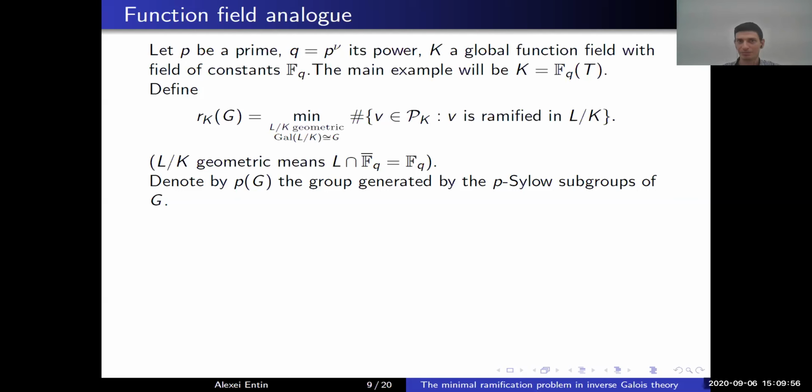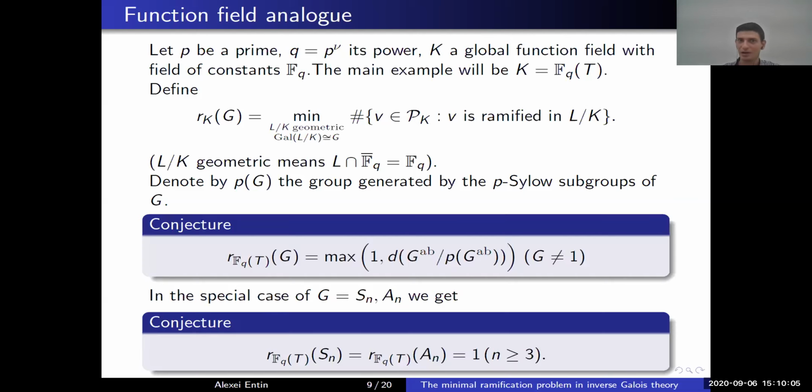And we denote by P(G) the group generated by the P-Sylow subgroups of G. We need this notion to state our conjecture. Now the main conjecture, the analog of the Boston-Markin conjecture, is that the minimal ramification number for G is the maximum of 1 and the number of generators for the abelian part of G modulo its P part.